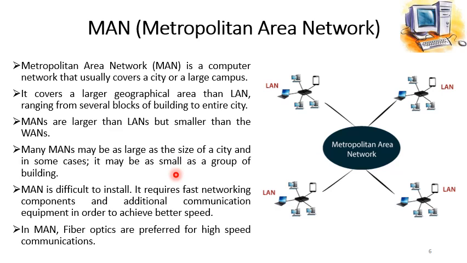In MAN, fiber optics are preferred for high speed communication. Fiber optic is the fastest transmission medium, and as a result it is also the most expensive medium among all the available wired mediums. So that's why metropolitan area network is more expensive to install as compared to local area network.